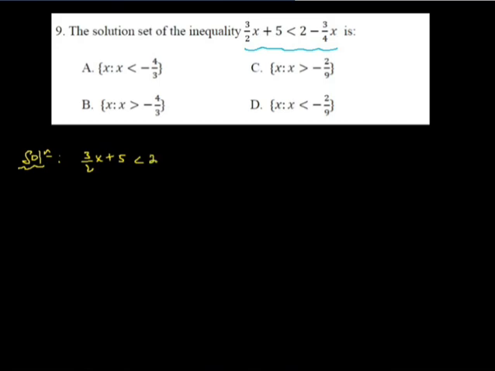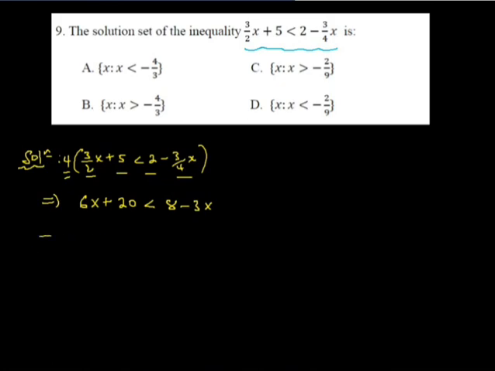So the question is 3 over 2x plus 5 is less than 2 minus 3 over 4x. Now to eliminate the fractions, multiply both sides by 4. 4 times 3 is 12 over 2 is 6x plus 20 is less than 8 minus 3x. Okay, this 4 multiplies each term.